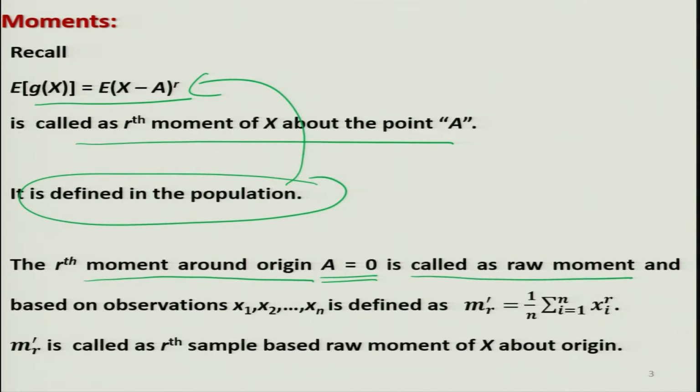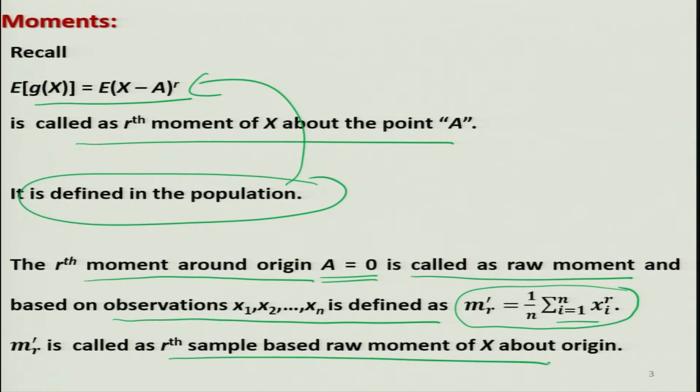And in case you compute this population value on the basis of a given sample of data, say x1, x2, ..., xn, then we define the rth raw sample moment as m r prime, which is equal to 1 upon n summation i goes from 1 to n xi raised to the power r. So, this is your rth sample based raw moment of x about the origin.